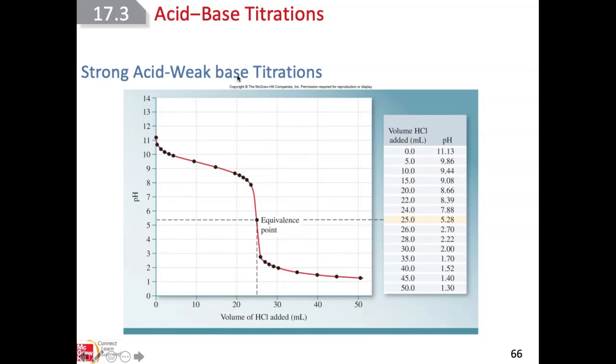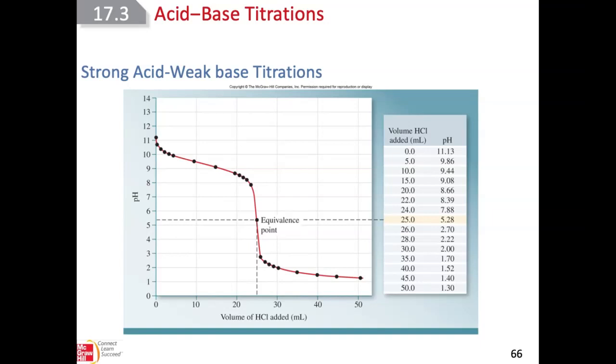So we're titrating a weak base with a strong acid. Strong acid is HCl. So pay attention to that. Why is it a weak base? Because it's not a high pH. At the equivalence point, you have acidic pH. It's about 5.5. It's acidic pH. So those are the two things you have to pay attention to.